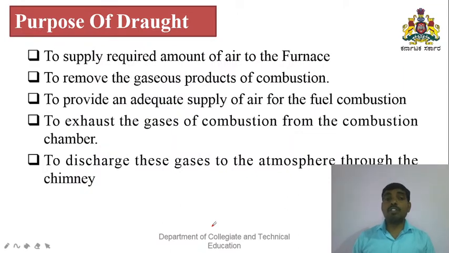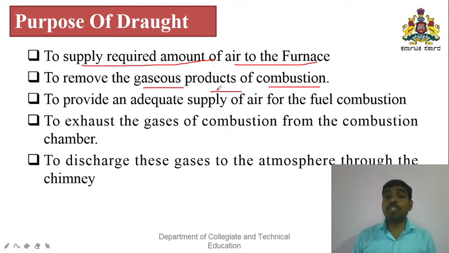What is the purpose? Why are boiler draught systems required? The main purpose is to supply the required amount of air to the furnace. How much air is required for combustion is determined by this draught system, which also removes the gaseous products of combustion. The flue gases produced due to combustion should go out of the boiler by the draught system.